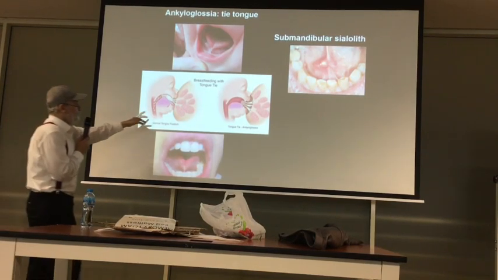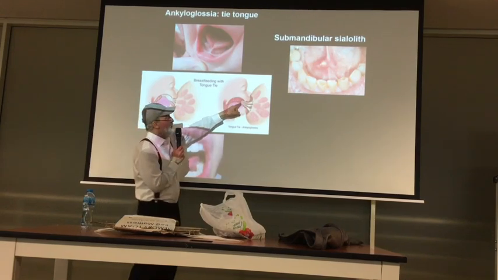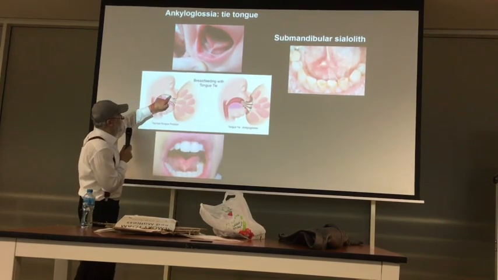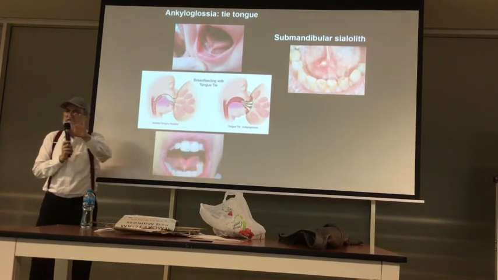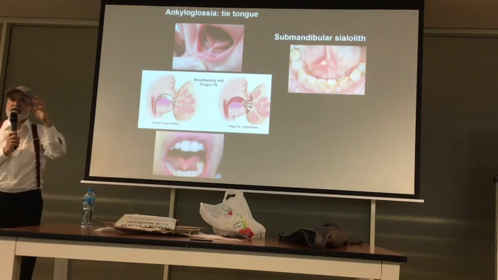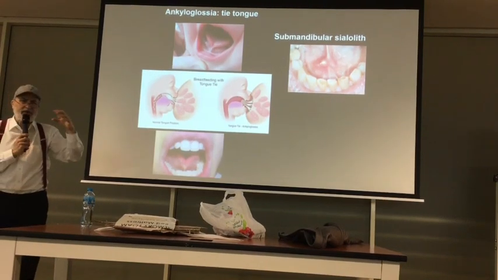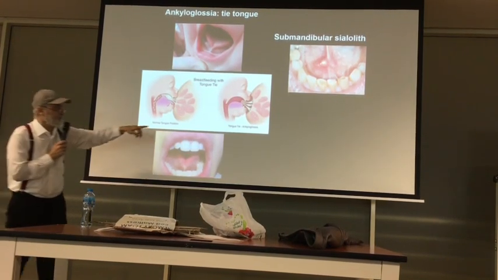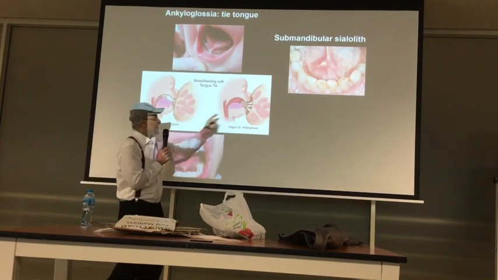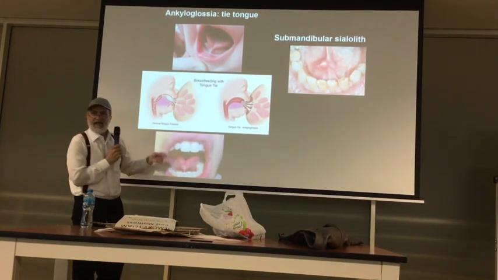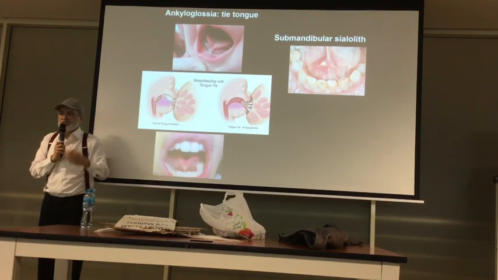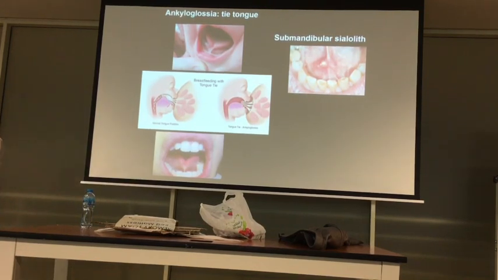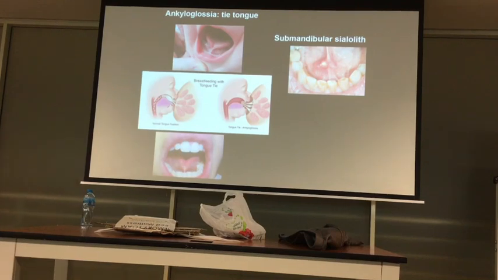And this, if we neglect it, if you compare, this baby will have a high arched palate compared to this. And it doesn't matter, but what matters is the mother will come with nipple cracks because here the tongue is not going nicely as it should be. So this is something that we have to remember about the tight tongue.